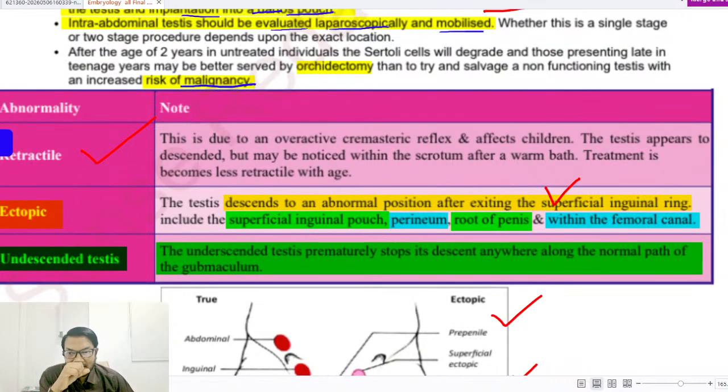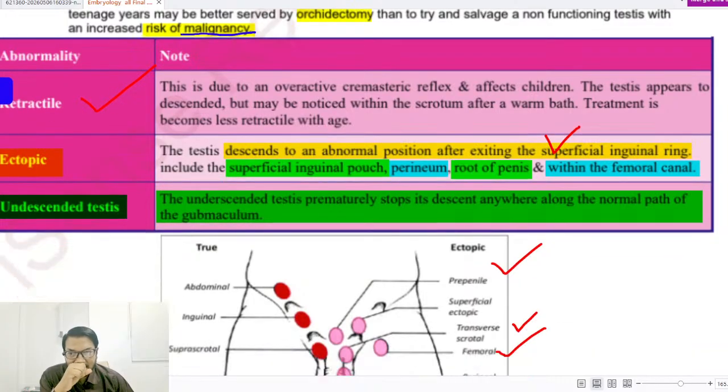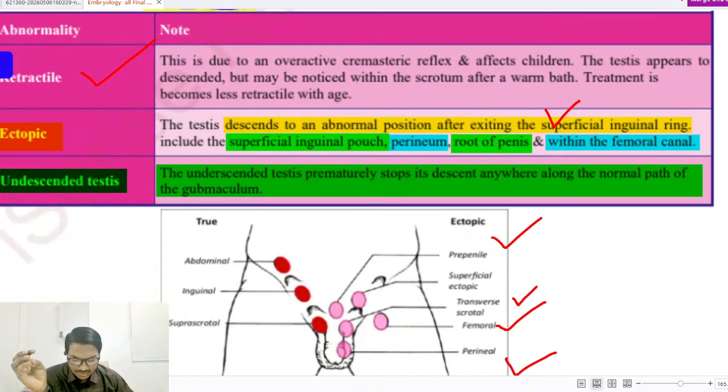Ectopic testis and undescended testis are two different things. Undescended testis is something. Sorry. Ectopic testis is something different. This is the route, the way of descent. Through this way, the testis comes down to the bottom of the scrotum.